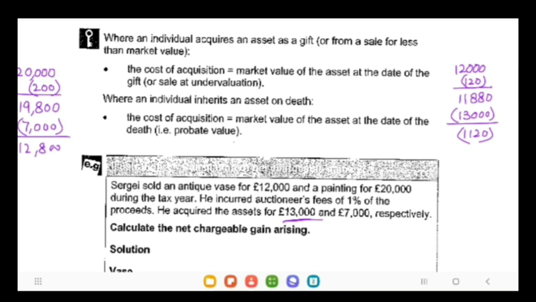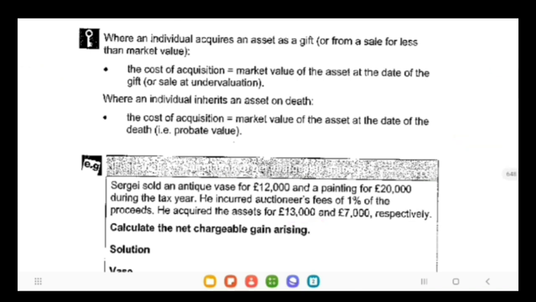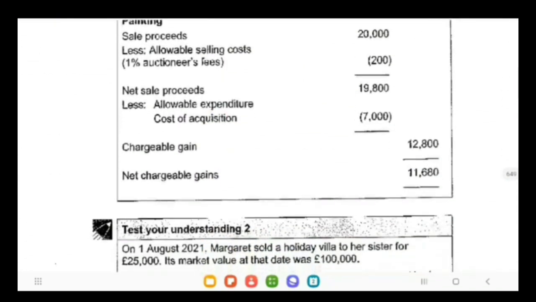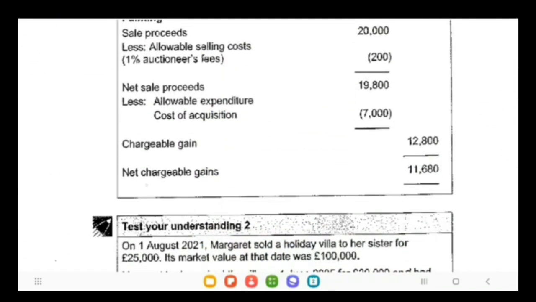On one asset he sustained a loss of 1,120, and on another asset he earned a gain. So we will net off this gain and this loss, and the remaining figure is said to be the net chargeable gain, and that is 11,680.